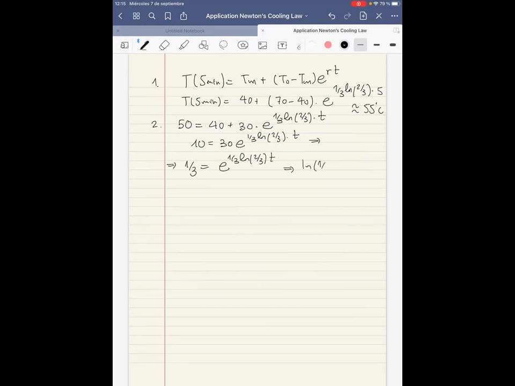So the logarithm of 1/3 equals 1/3 of the logarithm of 2/3 times t. So the time at which the temperature is 50 degrees will be 3 times the logarithm of 1/3 divided by the logarithm of 2/3, and this will be in minutes.